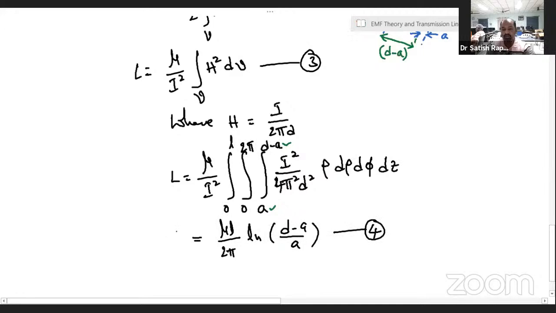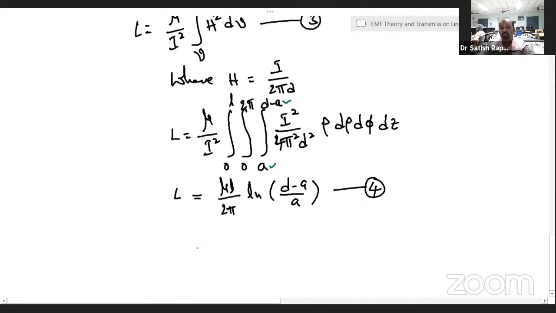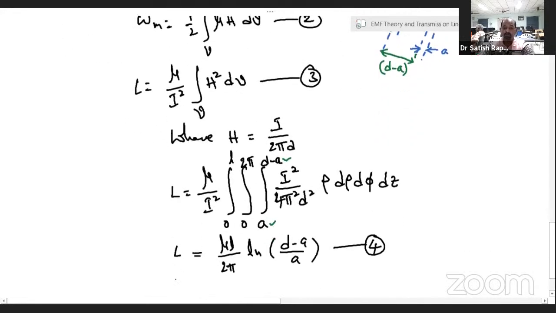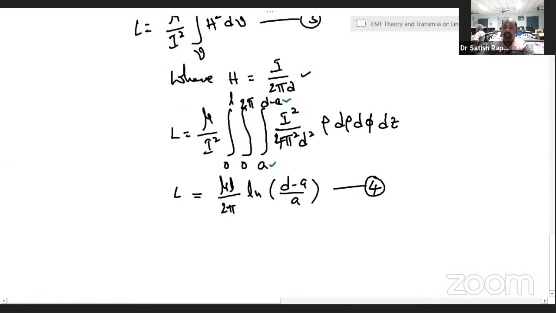So this is the inductance due to one wire. Here, this is the magnetic field due to one long wire.